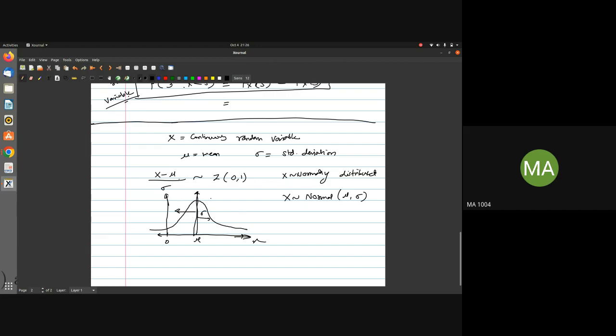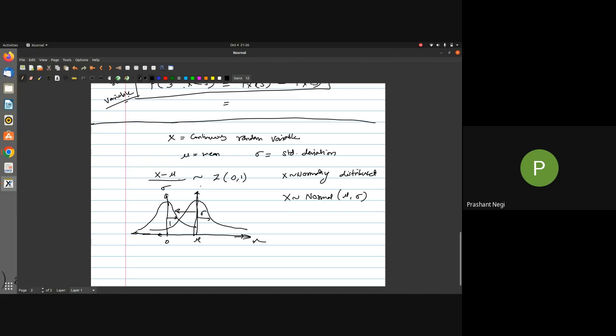When I divide by sigma, the standard deviation will also go to 1, since 1 by sigma times sigma becomes 1. So the operations we have done here are: we have translated x, and then we have divided by sigma.